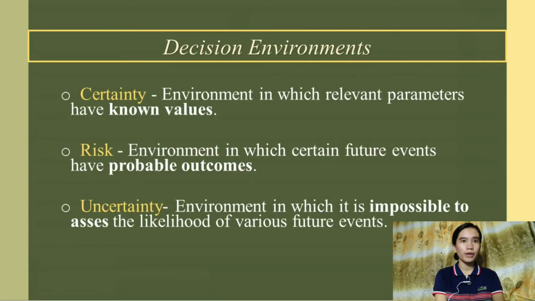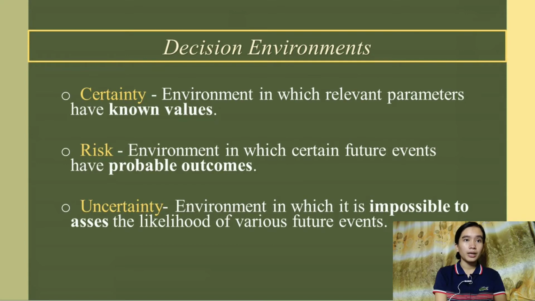Moving forward, we have here the decision environments, and under this are the certainty, risk, and uncertainty. So certainty is defined as an environment in which relevant parameters have known values. So the best example of this is an investment in bank wherein this is certain as to future payments on maturity.